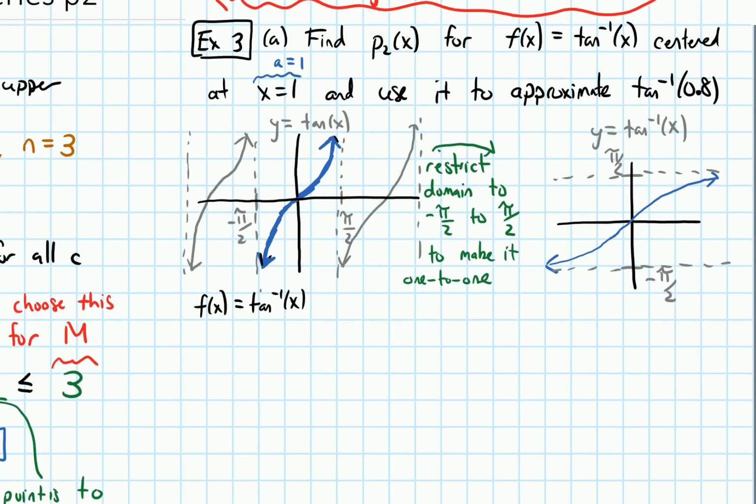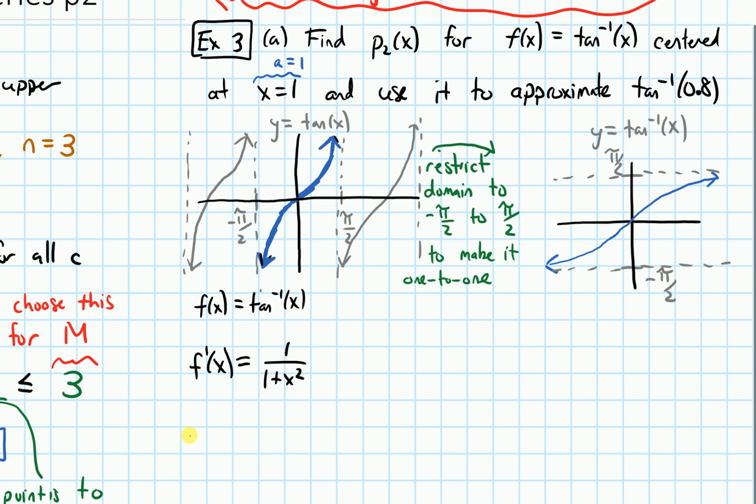Okay, so if we want to find the Taylor polynomial, we've got to take the function f of x equals tangent inverse of x, as well as a couple of derivatives. So we're going to have to take up to the second derivative. So the derivative of tangent inverse, recall, is 1 over 1 plus x squared.